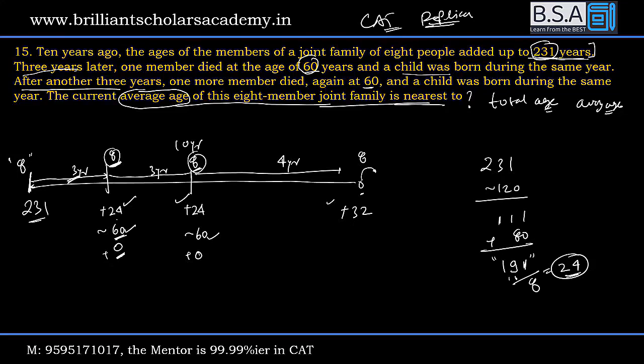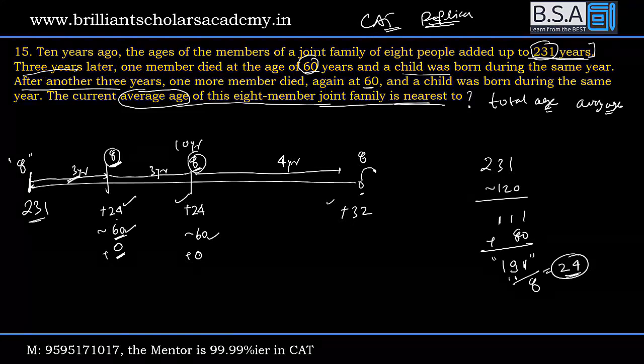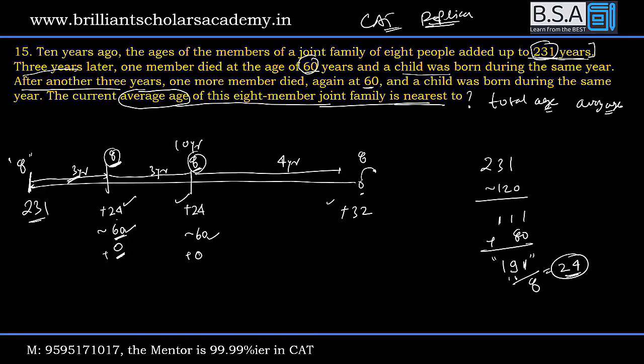Once you know the total value, you can find the average by dividing by 8. Can you think of a different approach to the same problem?